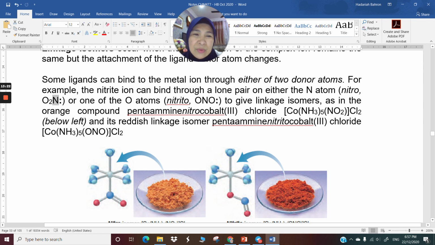When it binds through nitrogen, you call that nitro. When it binds through oxygen, you call it nitrito. And this will give two different compounds that are linkage isomers, as in the orange compound.